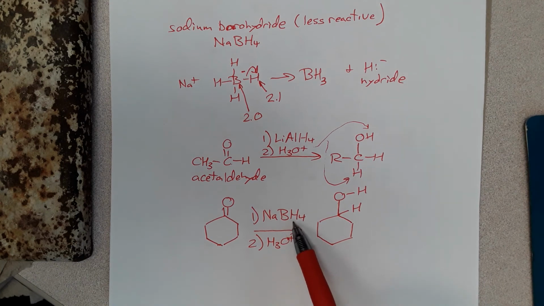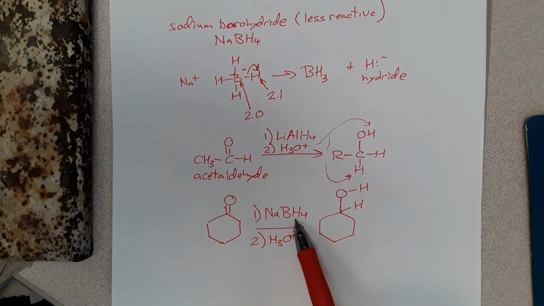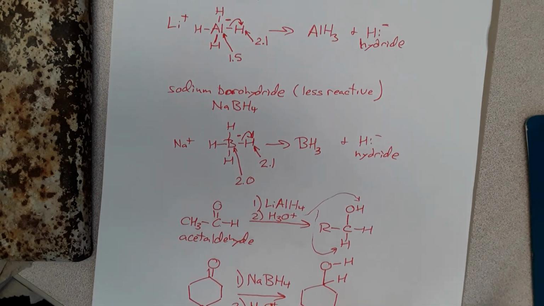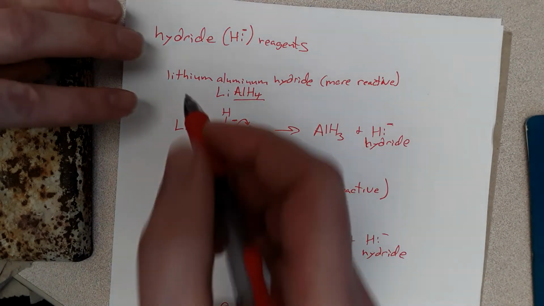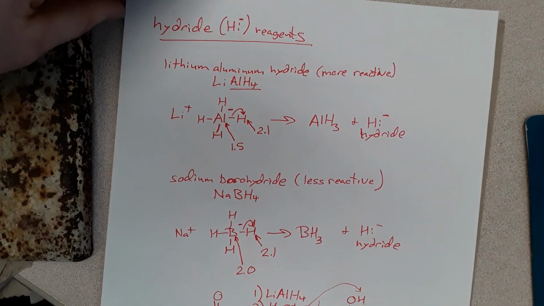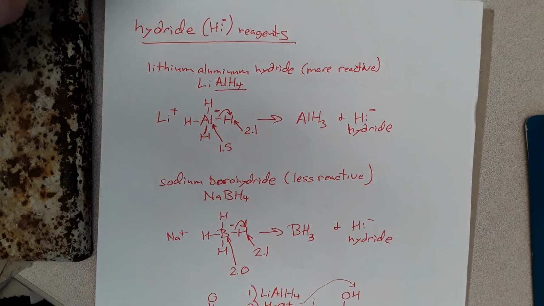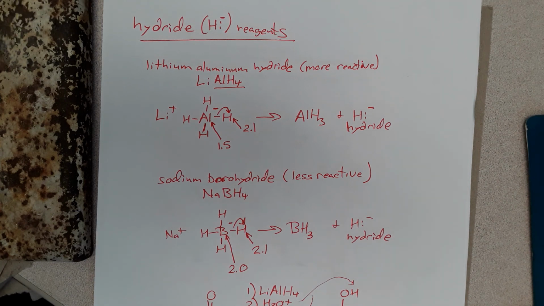Sodium borohydride is a little bit safer because it doesn't react as quickly and isn't as exothermic, but both of them are good for that. So this is talking about the hydride reducing agents. They are actually reducing agents because they're adding a hydrogen. This is how we add the hydrogen to make alcohols, and then in the next video we will talk about how to make alcohols by adding the carbon nucleophile, forming a new carbon-carbon bond.